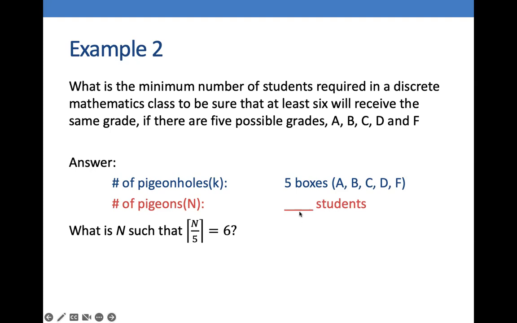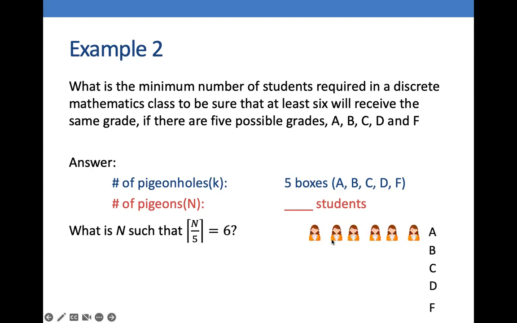Our problem is to find the n such that the ceiling of n over 5 is equal to 6. Given 5 possible grades, what would be the minimum number of students n in order to ensure that at least 6 receive the same grade?